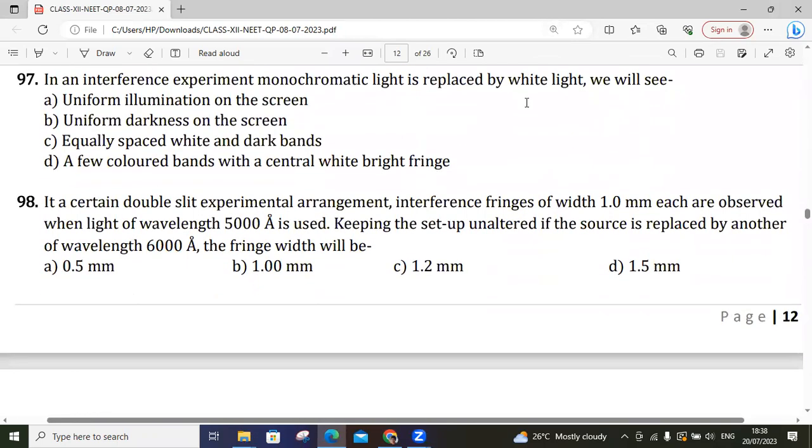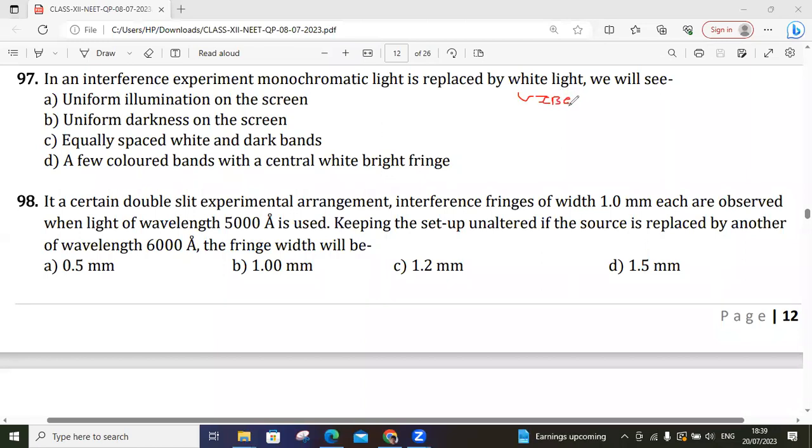And the 97th. In an interference experiment, monochromatic light is replaced by white light. We will see what happens. White light consists of VIBGYOR, and all colors have different wavelengths, where wavelength increases like this. Beta is equal to lambda D by d, we know this, so all will have a different fringe width.